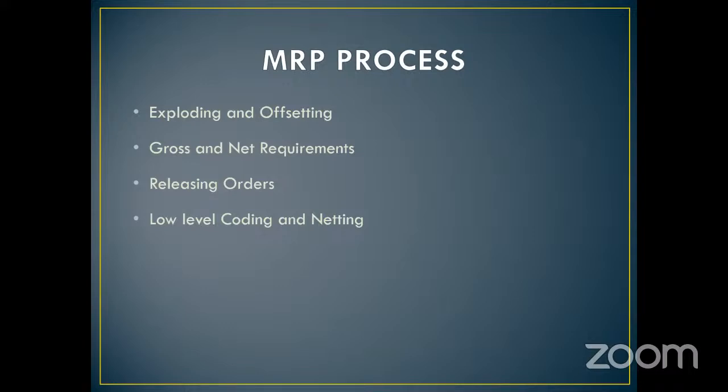That is the release order. And low level coding and netting. These are needed during transportation, because in the whole supply chain process we have to calculate all these reports. If you order today, when will it reach you? We have to track the order, and to track those things we require low level coding. Okay.